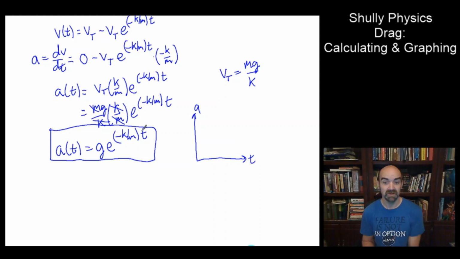If you plug in t at 0, what is a at 0? If you plug in 0 here, then we get e to the 0 power, which is 1, and 1 times g is g, 9.8. So at time t equals 0, the acceleration is 9.8. And as t increases, what's that going to do to this term?